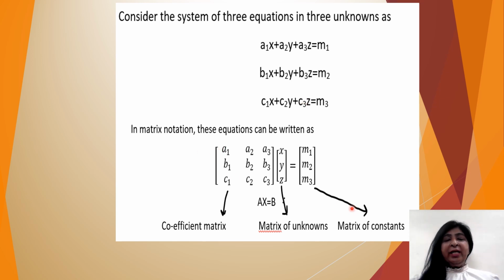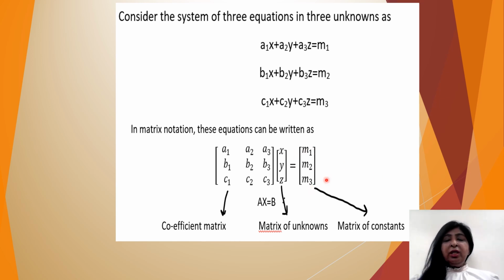So I will write it as a1 a2 a3, b1 b2 b3, c1 c2 c3 as the coefficient matrix, and the variables x, y, z, these are known as unknowns, and m1, m2, m3, these are constants.